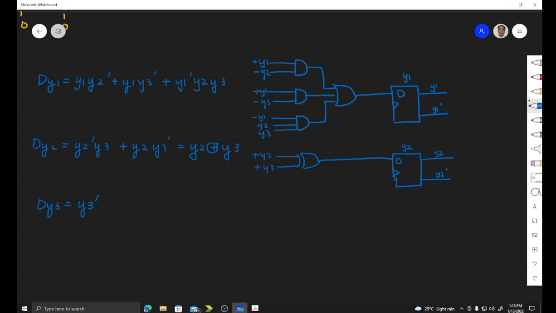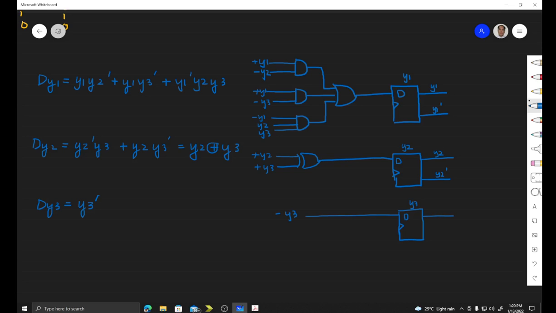Next for our third flip-flop, we have here our y3, and that is actually a wire coming from minus y3.